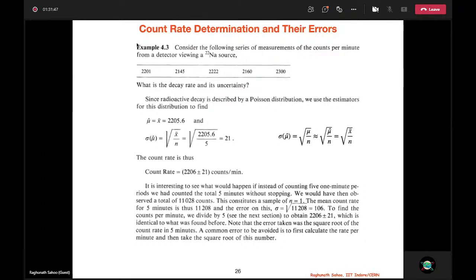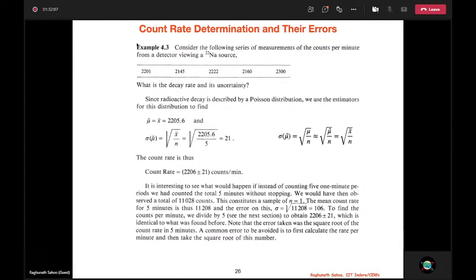In this example, consider the following series of measurements of the counts per minute from a detector viewing a radioactive sodium source. We have 5 different measurements. The question is, what is the decay rate and its uncertainty?